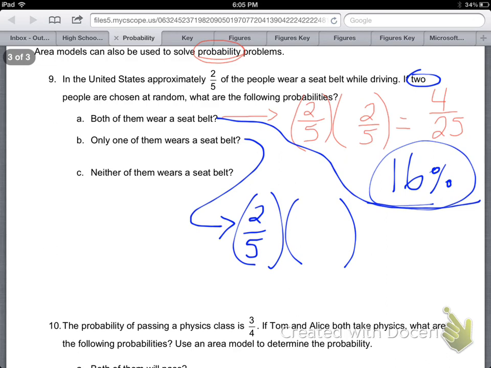If 2 out of the 5 do, that means that 3 out of the 5 do not. Alright? If you don't get that, ask me tomorrow. So we just multiply here, and it gives you 6 out of 25, which is 24%.